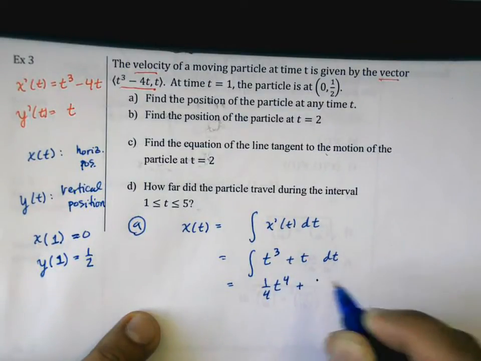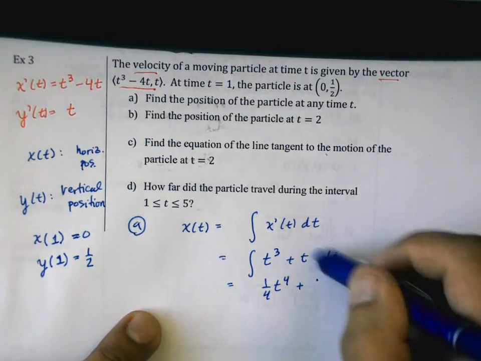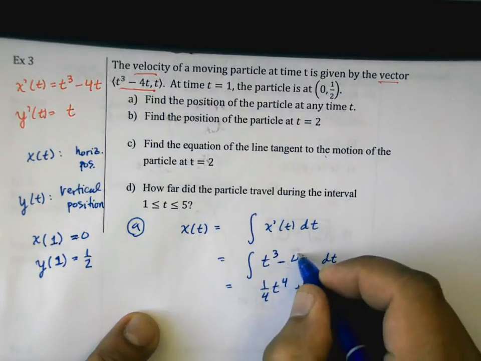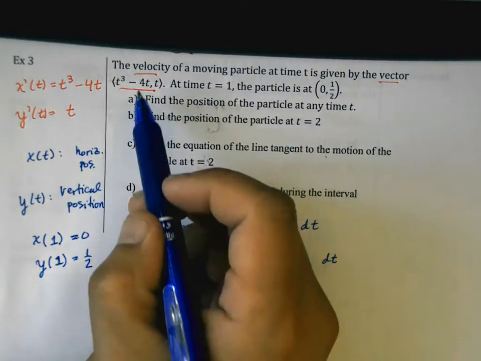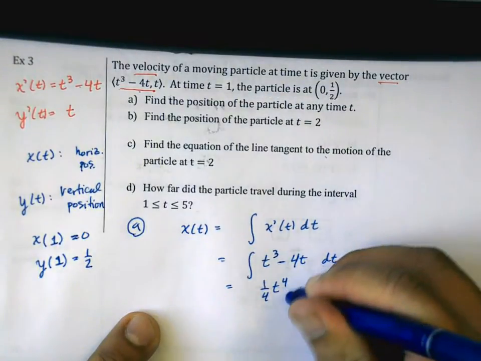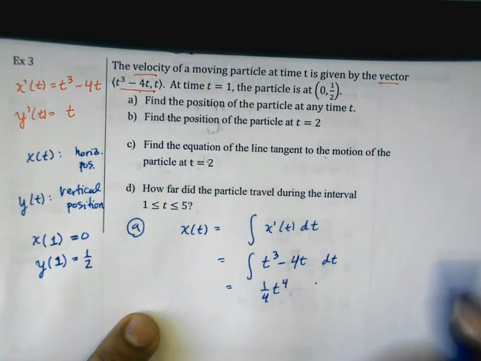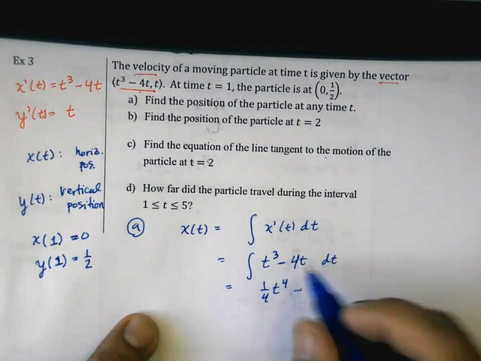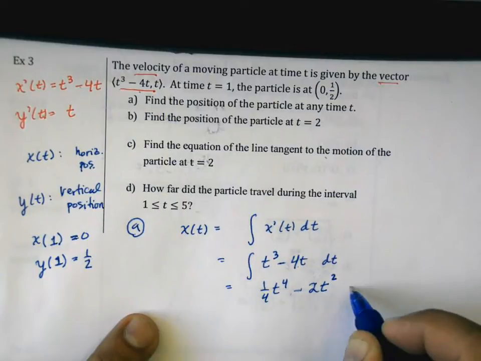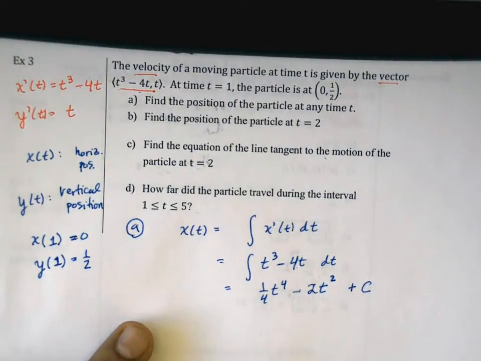I wrote it correctly up here, but got a little bit confused down here. So this should be minus the antiderivative of 4t, which is, of course, 2t squared plus some constant.